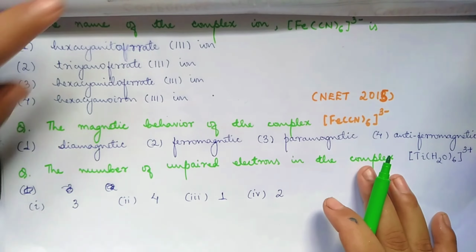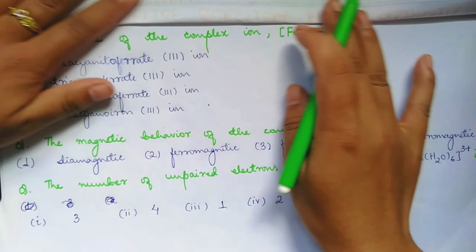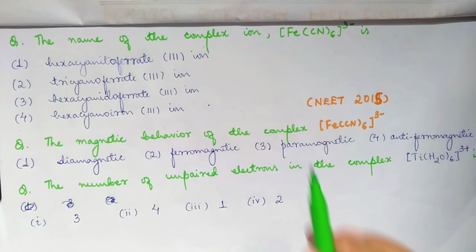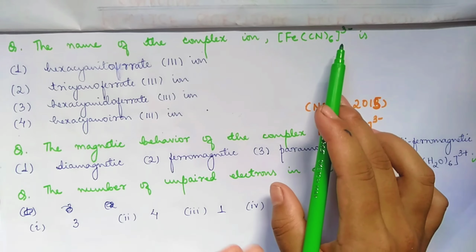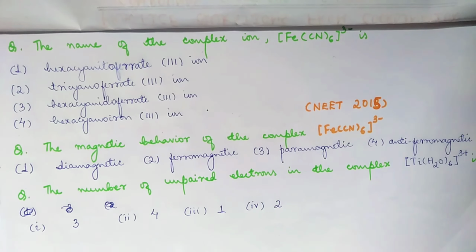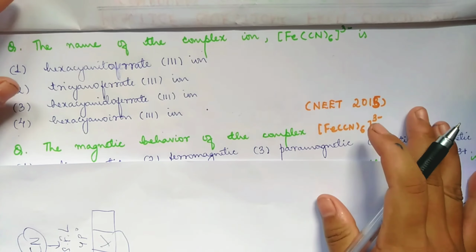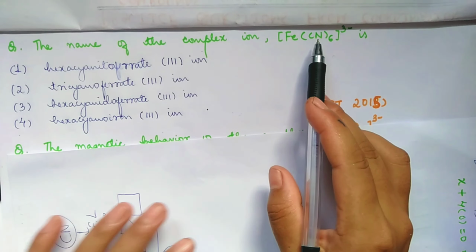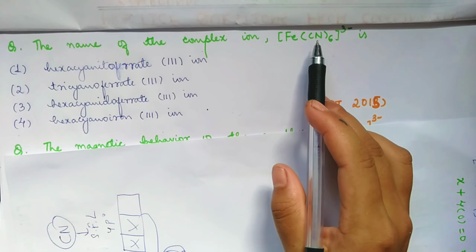Next one. The name of the complex ion [Fe(CN)6]3- is what? So while naming, you have to know the rule that first you have to start with the ligand, right? What is the ligand here? Cyano or cyanido. Clear?